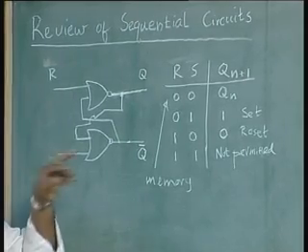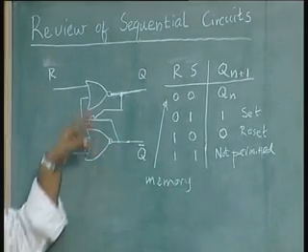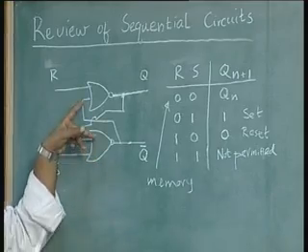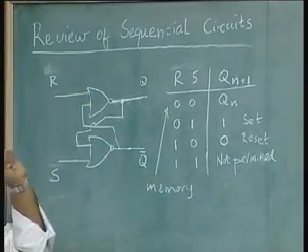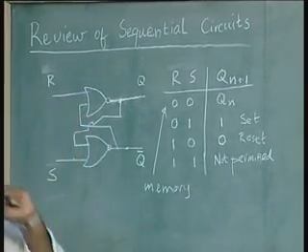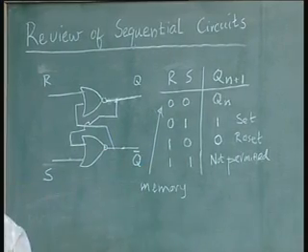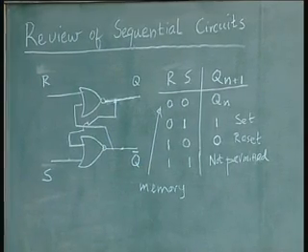The output will be determined based on which of these 2 gates is faster. Since we do not have that information, also because we do not want this unreliability to be built into the circuit, we never apply 1 1 as an input to the RS latch.